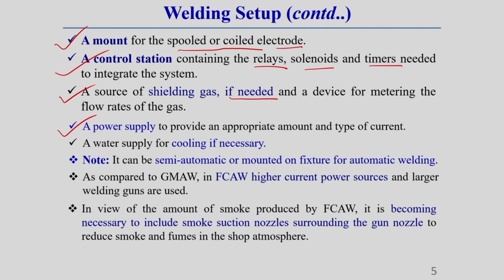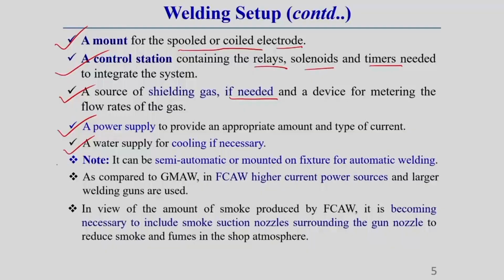There is a power source which provides the appropriate amount and type of current. There is a water supply for cooling this gun or nozzle, if necessary. Now, this process can be semi-automatic or fully automatic. Okay. You just keep this in mind.